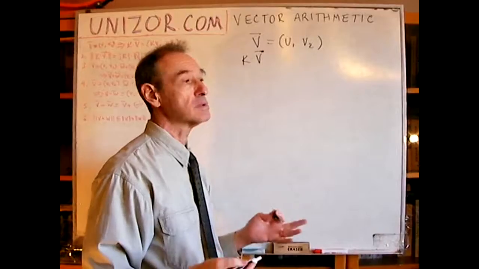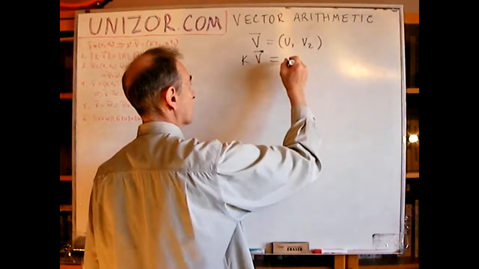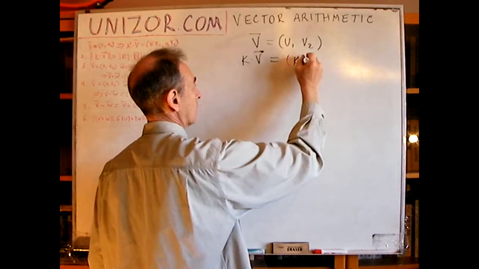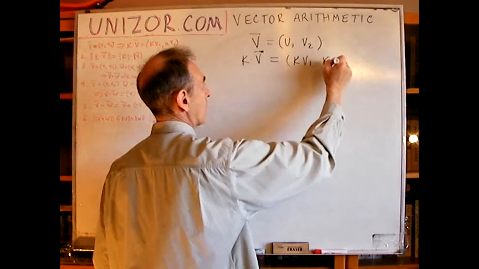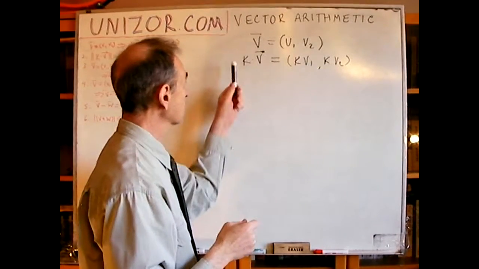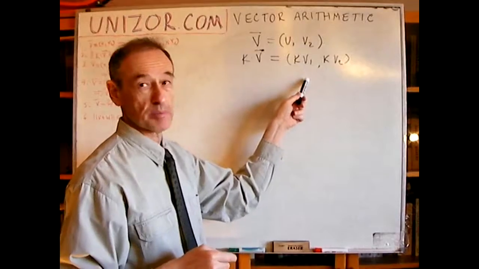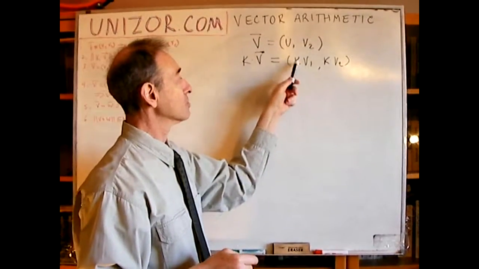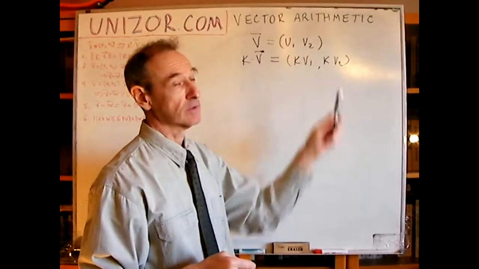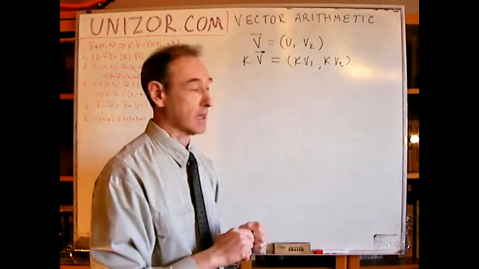Now, what happens with coordinates? Well, the theorem states that coordinates are also multiplied. So, multiplication of the vector by a constant results, in the tuple representation, in multiplication by this constant of every component of the tuple, so every coordinate of the vector.